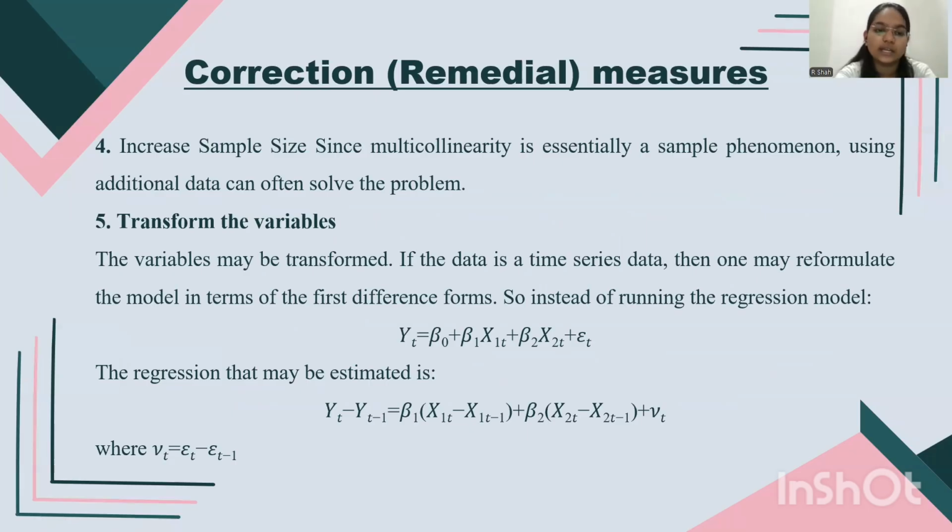Using additional data can often solve the problem. Earlier, in the paragraph on correction measures, we showed that multicollinearity is a sample problem, a sample phenomenon. Multicollinearity is a problem of the sample, not the population. So if we increase our sample size, it may solve the problem of multicollinearity.